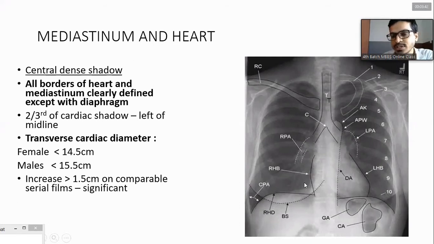So don't assume that the chest X-ray dimension gives the exact dimension in reality. We also have to look for the magnification ratio of the chest X-ray, which is written on the superior or inferior border.